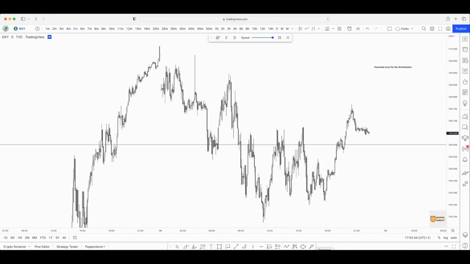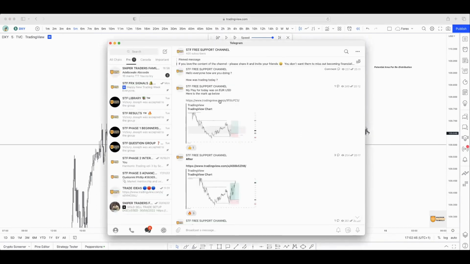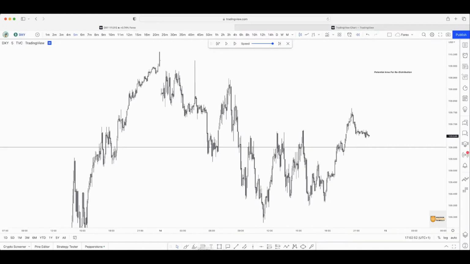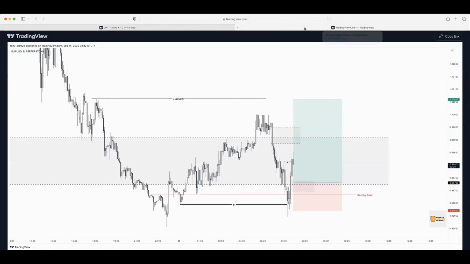So let me quickly show you again. This is it. Yeah. As you can see, it was just the opposite because this is it for the sell on DXY. All of this area here, right? You can see, and then all of this sell down, just the opposite for Euro USD to the upside, right? So I was able to see it 12 minutes after London session started.